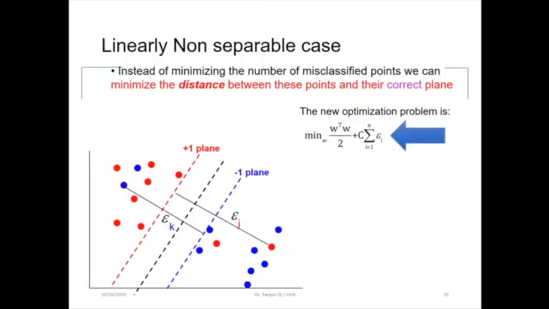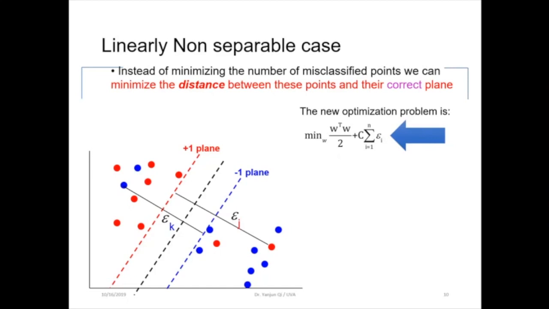All right, as already mentioned, the number of errors, that type of count-based error representation or loss formulation, is extremely difficult to optimize. So people look for a similar loss formulation that you can easily differentiate.